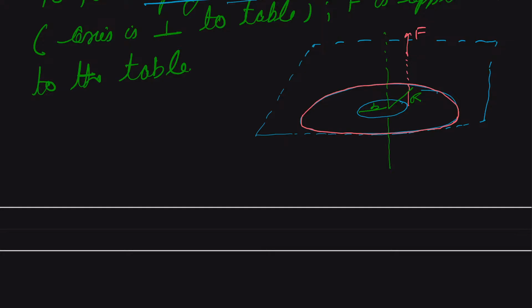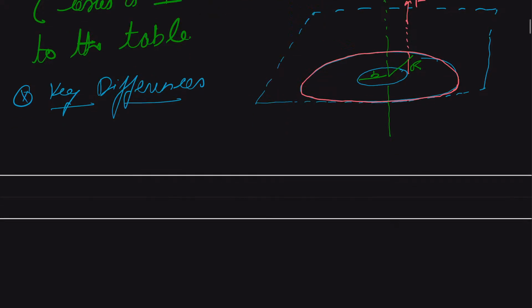And first of all, let's find out what will be the key difference between the first question and this question. Okay. So key differences, first of all, will be our rolling constraint.